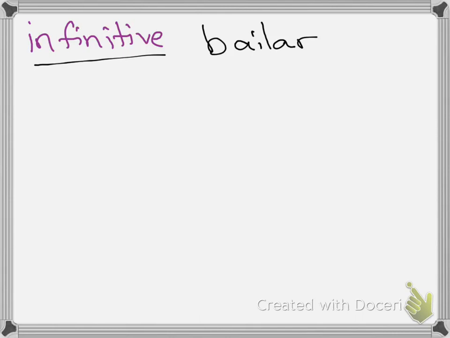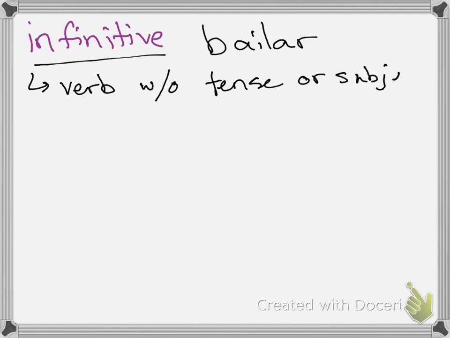Now, an infinitive is a verb that does not have a tense or a subject. Okay, so bailar literally just means to dance, right? Like, me gusta bailar. I like to dance. Okay, it does not have a subject, nobody's doing it, and it does not have a tense. It's not happening in a particular time frame. So it's called the infinitive.